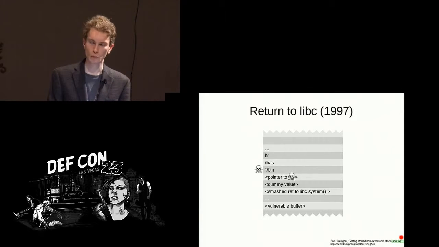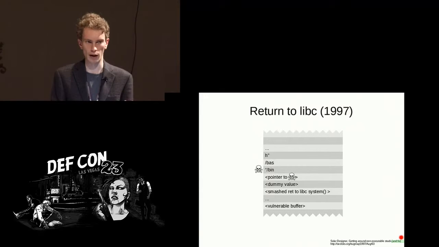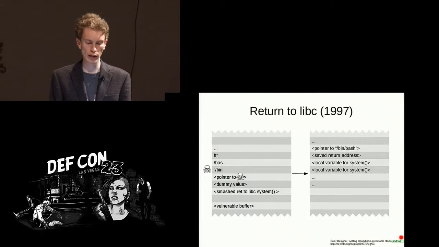And so instead of putting an address to a piece of code that we've injected on the stack, what we can do is put the address to, say, libc's system call, which takes a single parameter which serves as a command line for the system shell. So in this case, we're asking system to run a bash shell. This view is a little bit difficult to see because it's basically a damaged memory space. But if we look at it from the perspective of what system sees, it sees a perfectly reasonable function call.